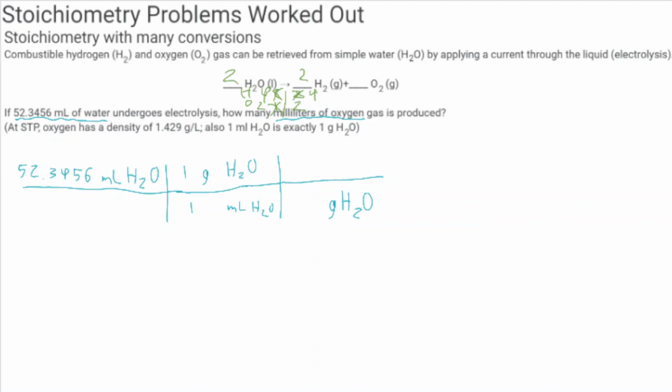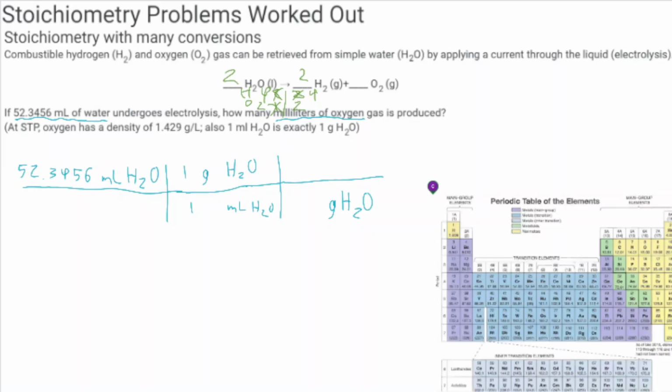So what we need to do is go back to our tried and true thing when we can't find anything else. We want to make sure that we can go ahead and use our periodic table. So we'll look at our periodic table, and we can look at hydrogen. It's 1.008. Since we have 2 hydrogens, we're going to multiply this by 2, and then we're going to add that to oxygen of 16.00.